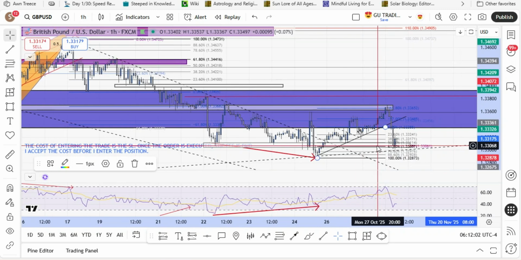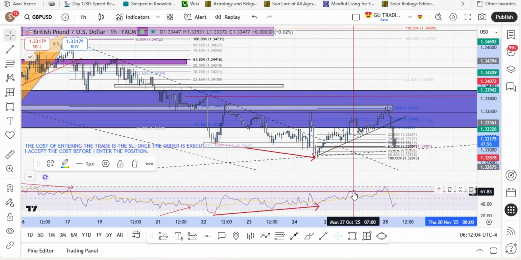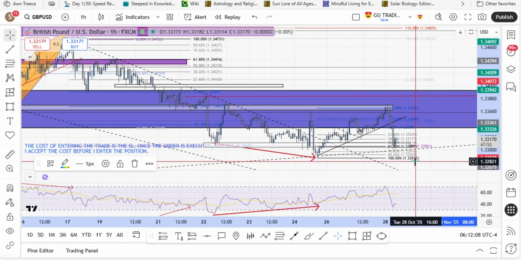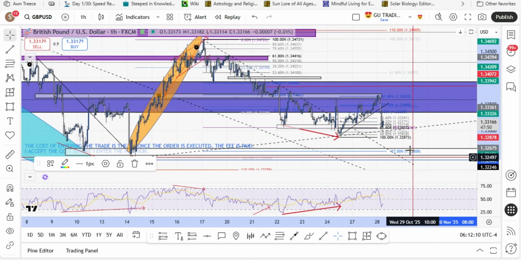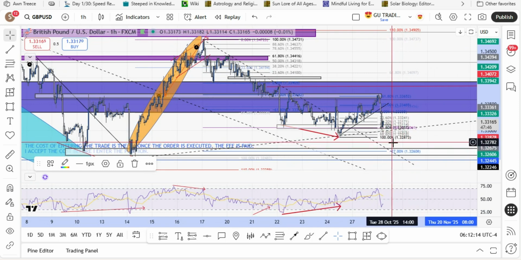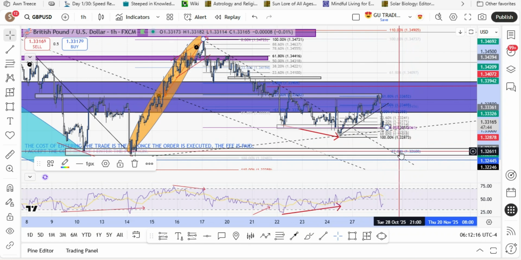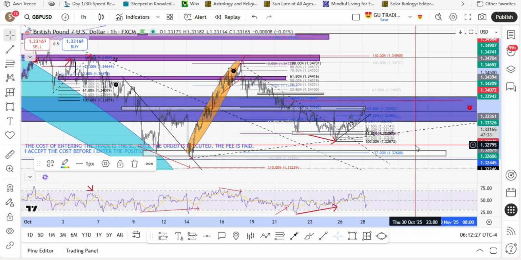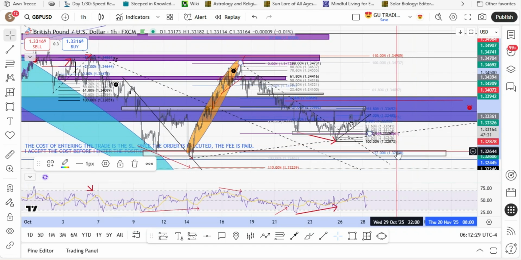So I'm thinking it could still be diverging and come back down to this area right here. Maybe give a retest of this trend line or at least this zone and hit the TP.